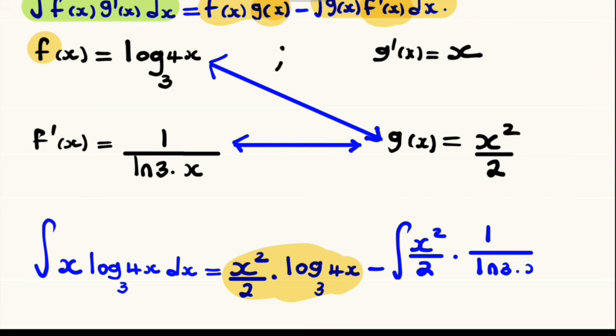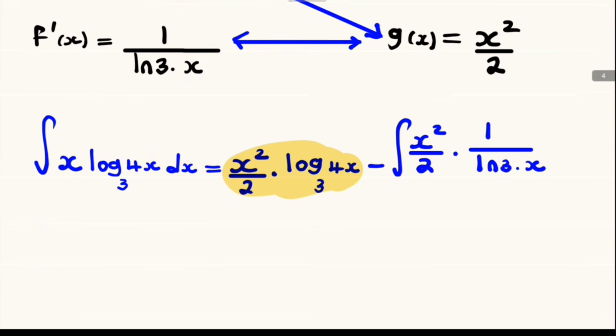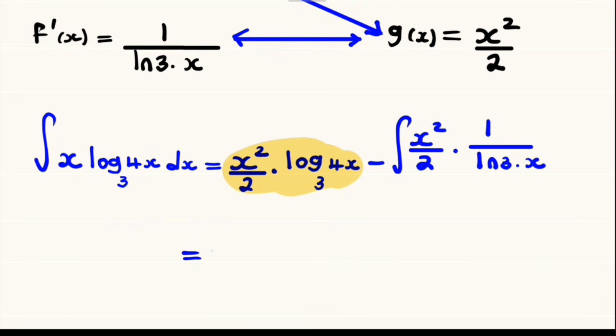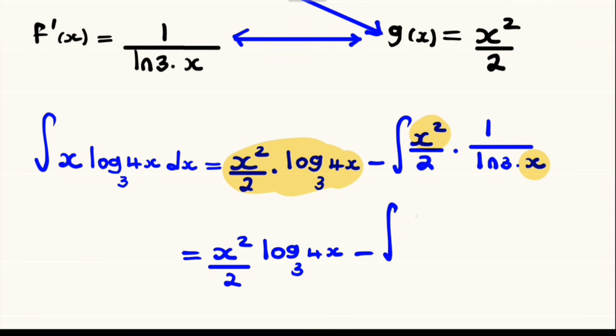So we have x squared divided by 2 multiplied by 1 divided by ln 3 multiplied by x dx. From here we have the x squared divided by 2 multiplied by the log base 3 of 4x, minus, and that x squared divided by x will be x. So we have minus the integral of x divided by 2 ln 3 dx.